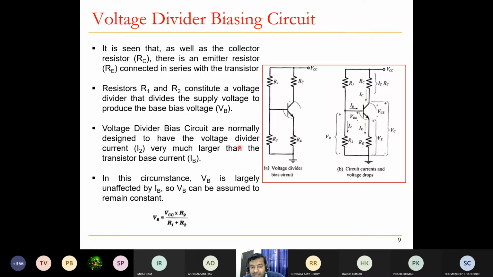And to have the voltage divider current I2 very much larger than the transistor base current, that is IB.